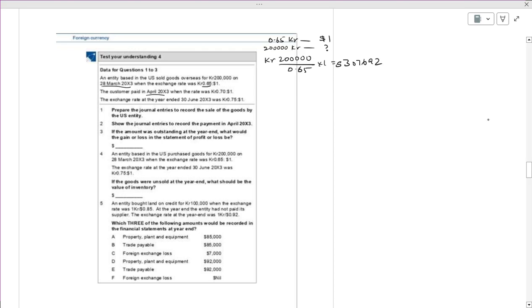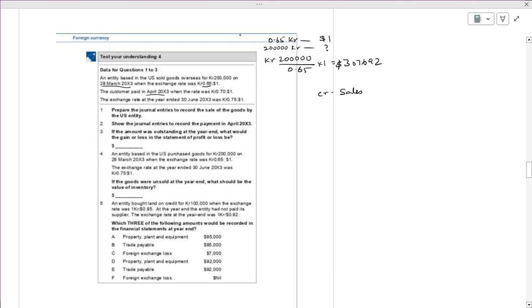What is the general entry that we have to write? This is in dollars. You have sold it, but you didn't receive money. If you have sold it, it is income for you. Always sales will be credit. How much is the sales or revenue?